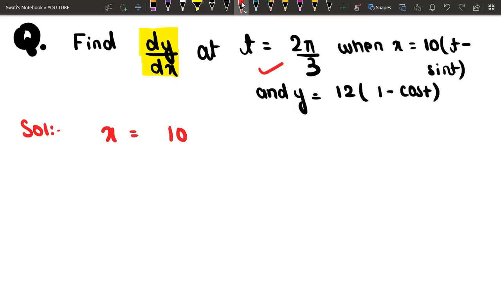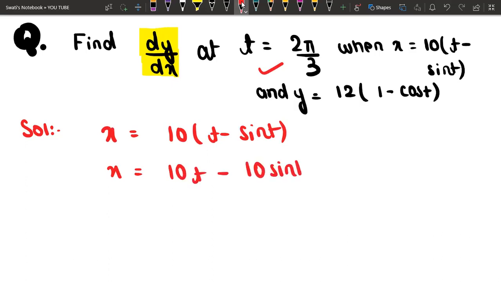Given is x equals 10 times t minus sine t. I'm going to make a detailed solution here so that you can understand each of the steps properly. First simplify this. This is 10 into t and then minus 10 into sine t. Now we will differentiate this function with respect to t. So if I differentiate it, clearly this will become dx dt. And if I differentiate this, 10 is the constant, so 10 will be outside.